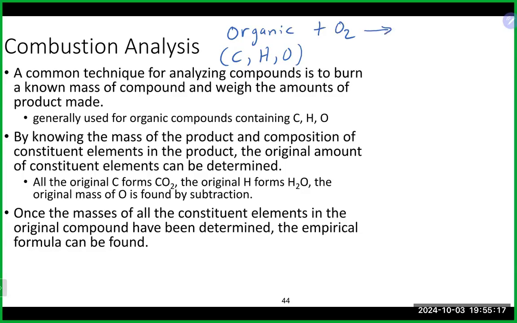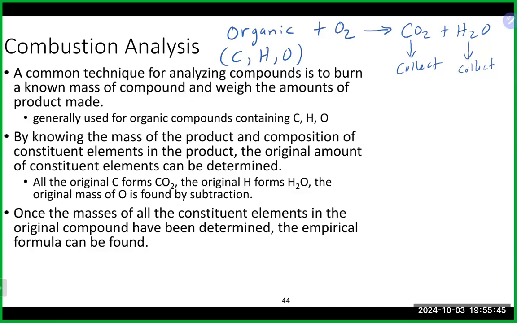And typically speaking, when you do an organic combustion reaction, you will always produce carbon dioxide and water. Now, when we do this type of reaction and analysis, what we do is we collect the amount of carbon dioxide produced, and we collect the amount of water that is produced in this reaction.